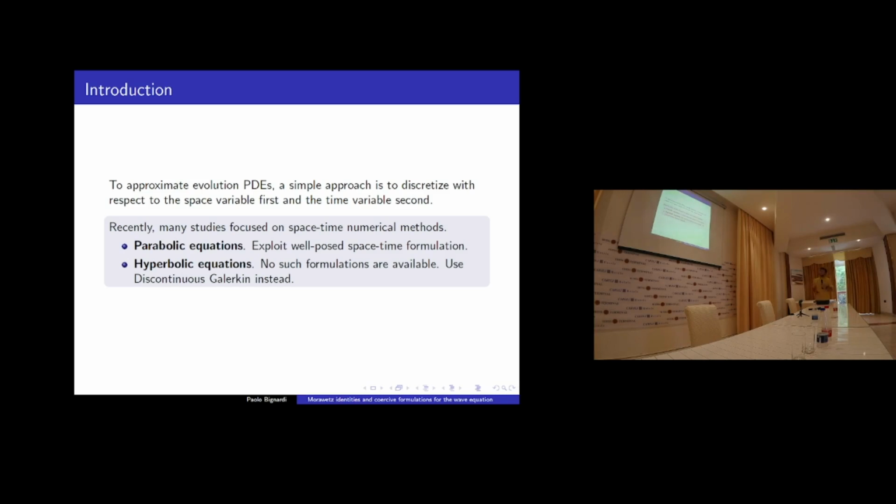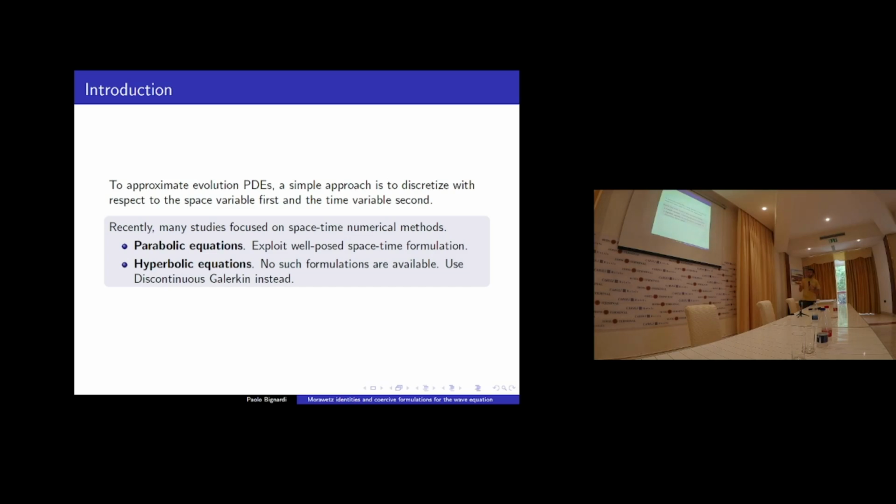In recent years, though, many other numerical methods have been proposed exploiting space-time formulations, in that you do not, in a sense, discriminate between time and space. They're just variables. So the problem just becomes a glorified elliptic equation in a sense.